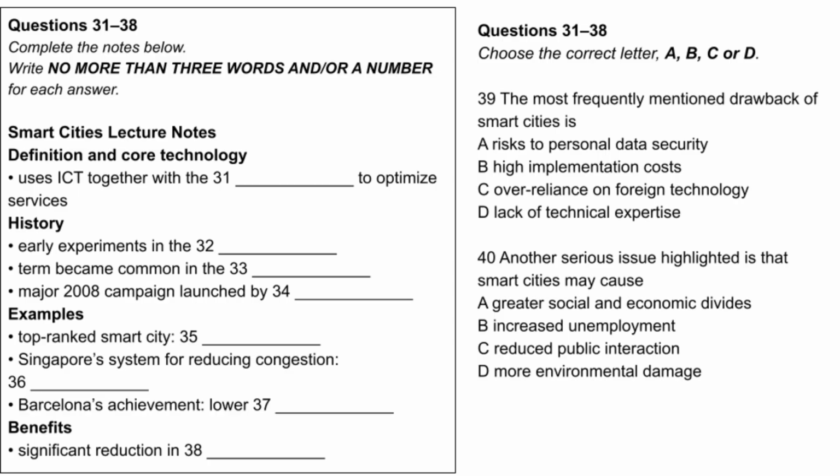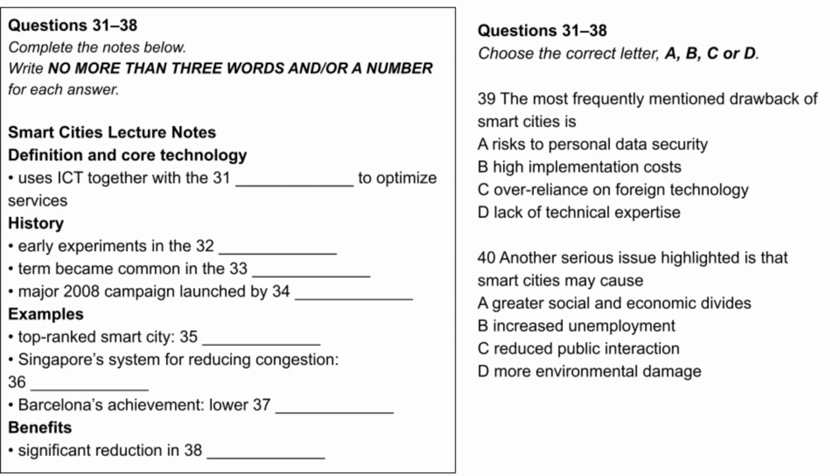The concept itself is not entirely new. Early experiments with digital urban systems began in the late 1990s, when a number of cities started installing basic sensors for traffic monitoring and utility management. However, the term smart city only entered widespread use in the mid-2000s as governments and technology companies began promoting more comprehensive visions of connected urban spaces.